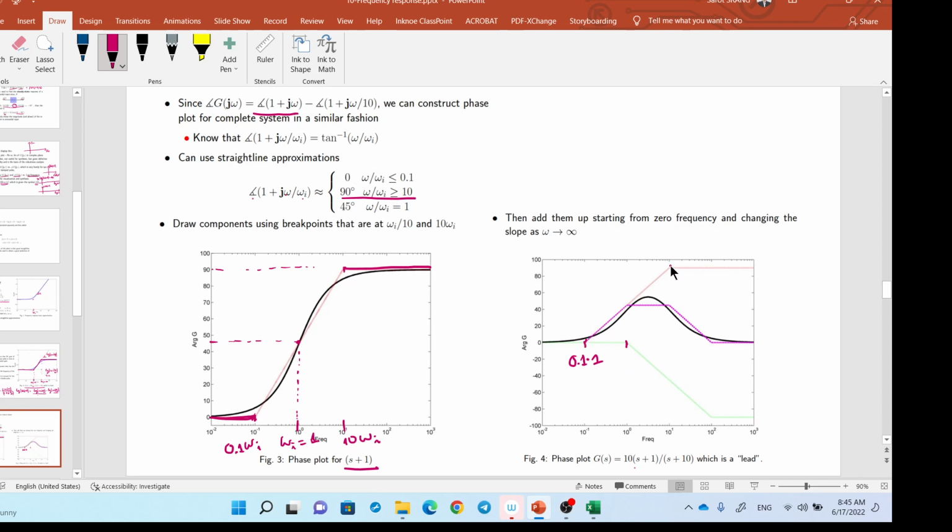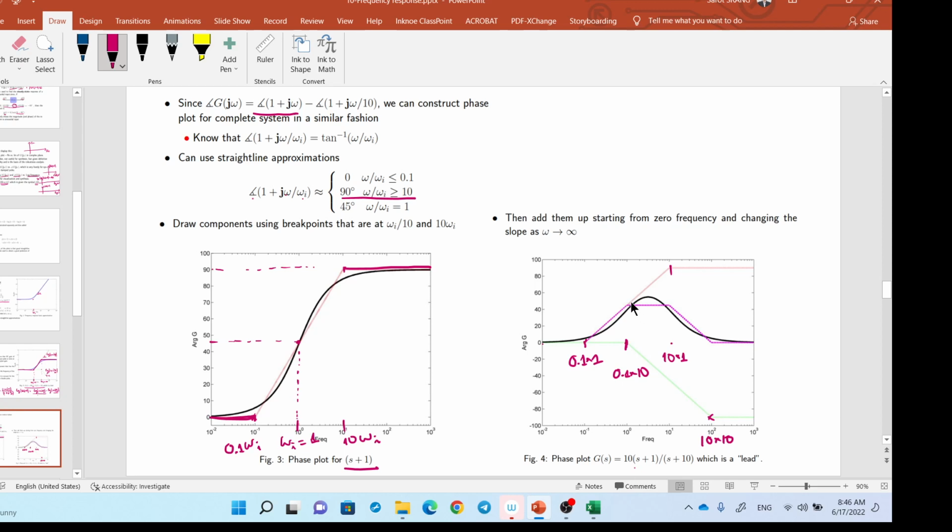Maybe I should finish this first. So here is 10 times omega I, which is equal to 10. And for the green one, here is 0.1 times 10, and here is 10 times 10.